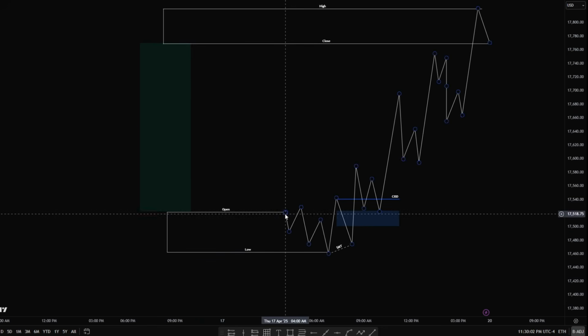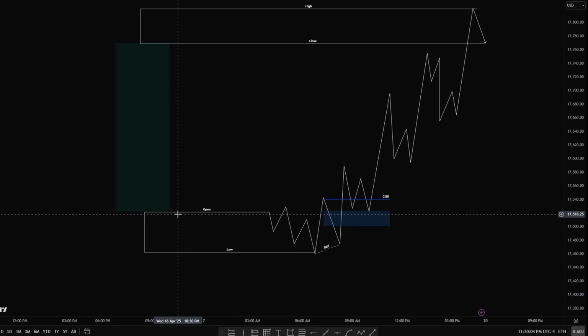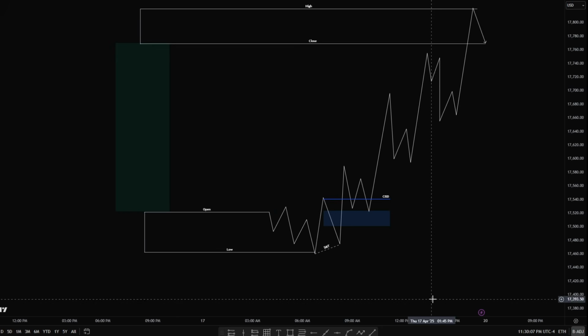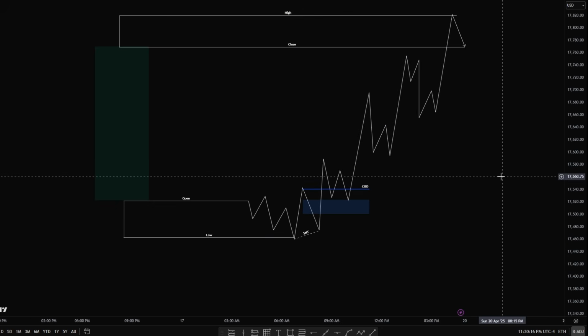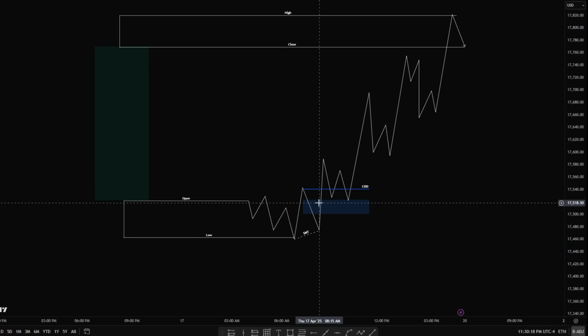Our goal is to find a trade around or below the open and catch the expansion move higher. You don't have to catch the whole trade, but at least catch a move higher towards the direction where you think the candle might expand to. So this is why I drew this out for you guys.